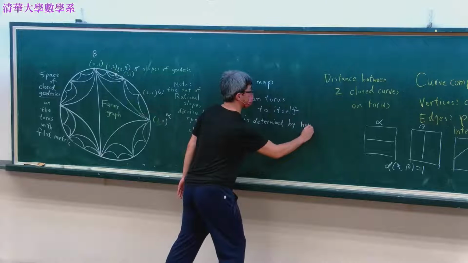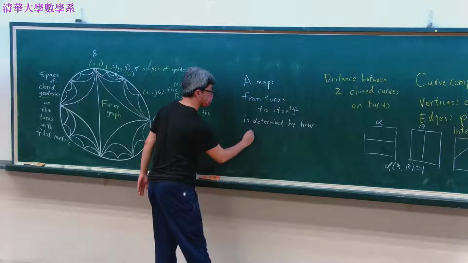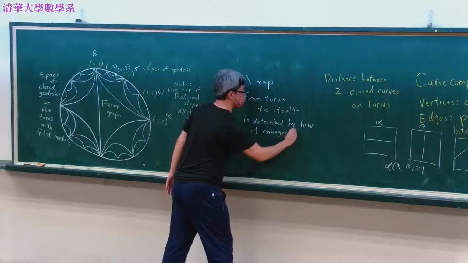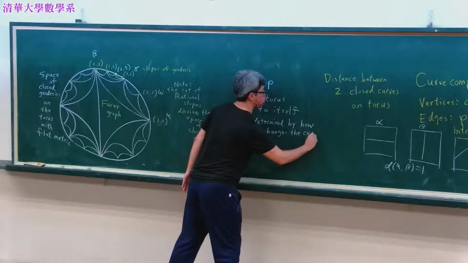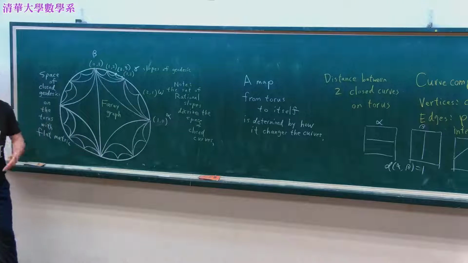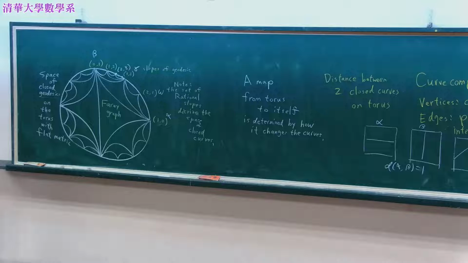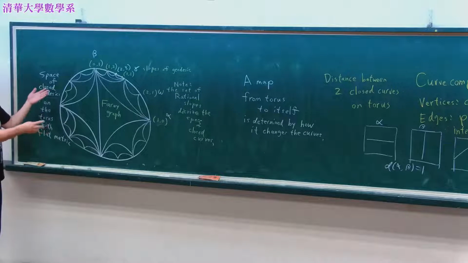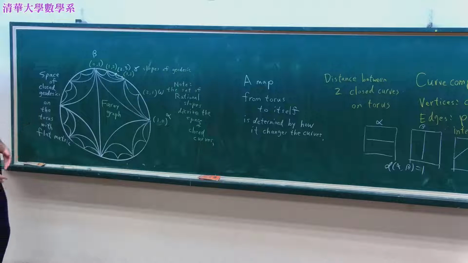So you can use words to say it's determined by how it changes the curves, or you can be very precise and say, I am looking at an isomorphism of my graph. I am looking for a map that takes this graph to itself that preserves edges, essentially.